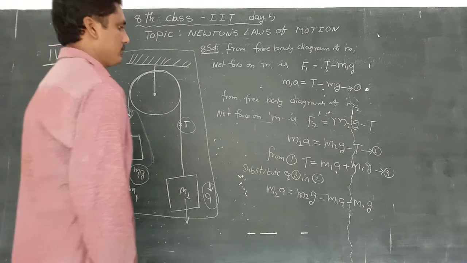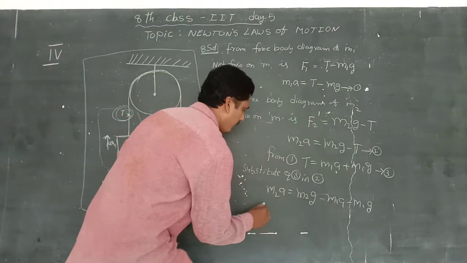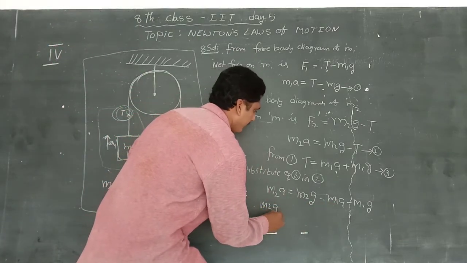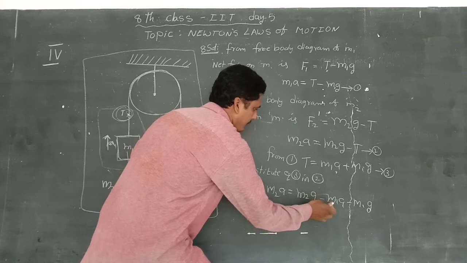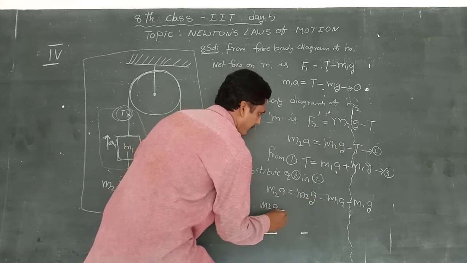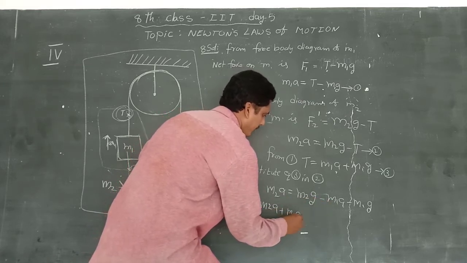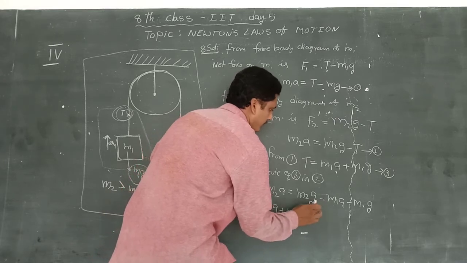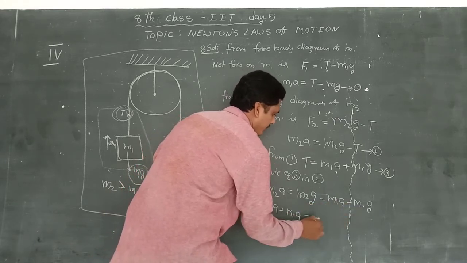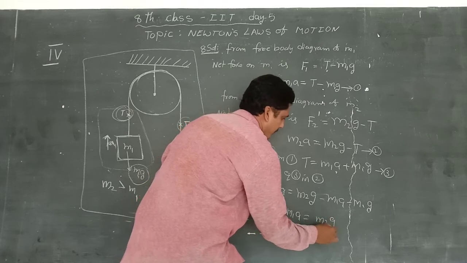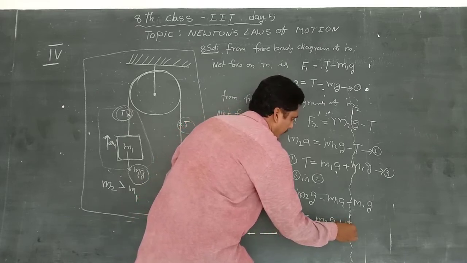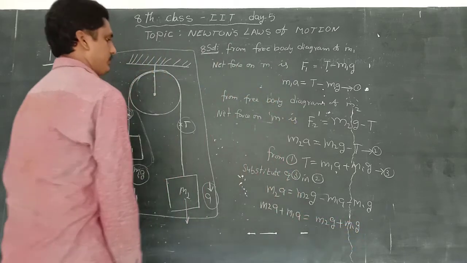We want acceleration. So M2 a plus M1 a is equal to M2 g minus M1 g.